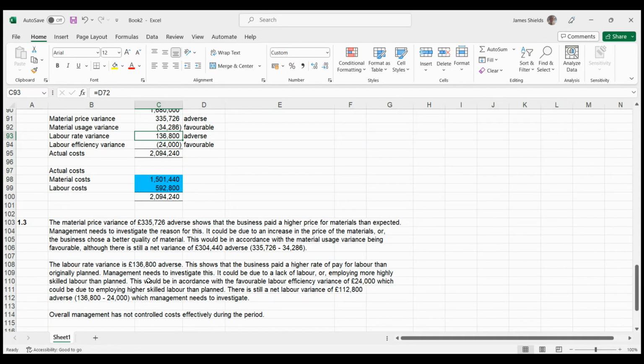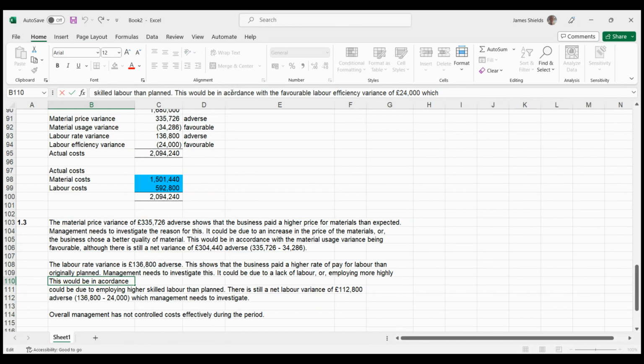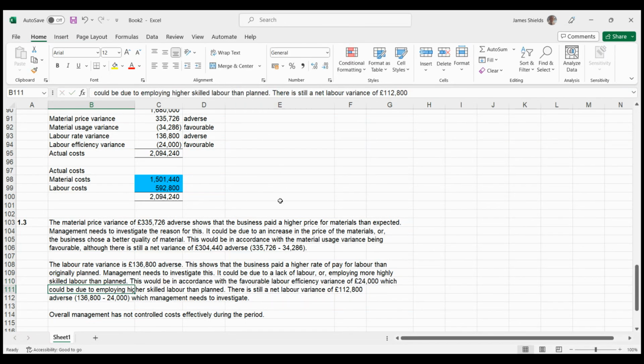Now again, this would be in accordance with the favourable labour efficiency variance of £24,000, which could be due to employing higher skilled labour than planned. There is still a net labour variance of £112,800 adverse. That's the 136,800 take away £24,000, again, which management needs to investigate.